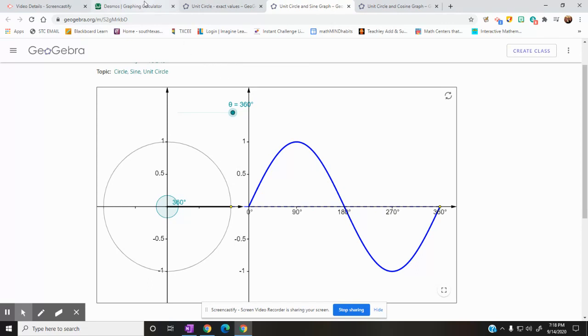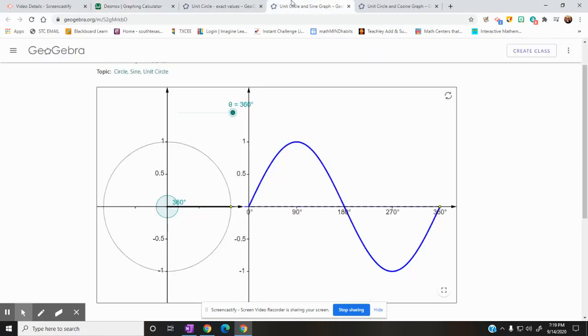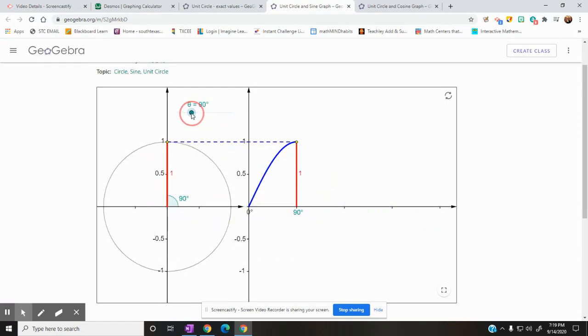So our key points. I'm going to go back to decimals for my key points. Here are my key points right here: 0, 0, pi over 2, and 1. Right here we did it in terms of degrees, so this was 90 degrees. But we know what 90 degrees is in radians.